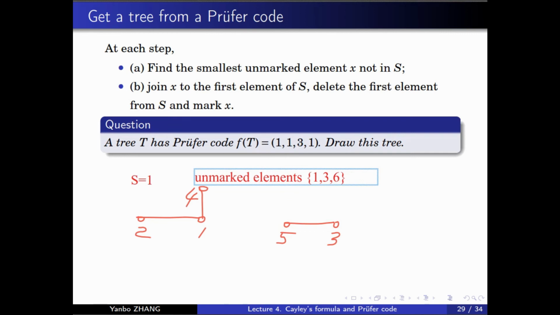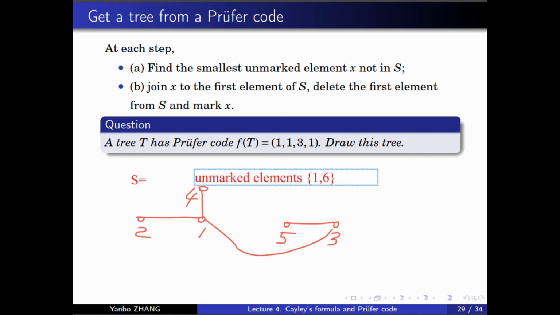At this step, the smallest unmarked element not in S is 3. So we join 3 to the first element of S, which is 1. And we delete 1 from S and we mark 3.